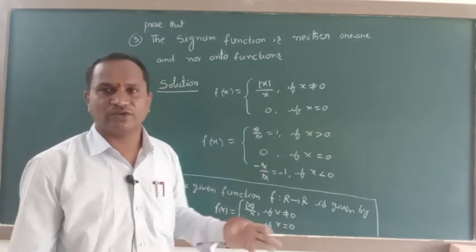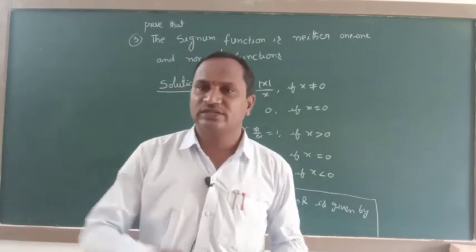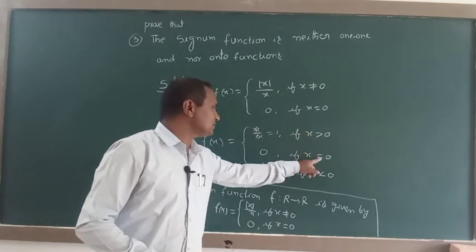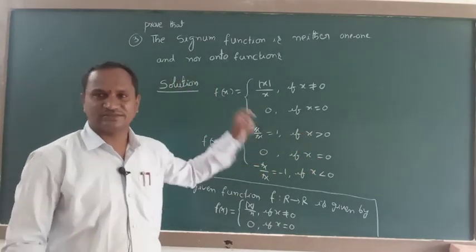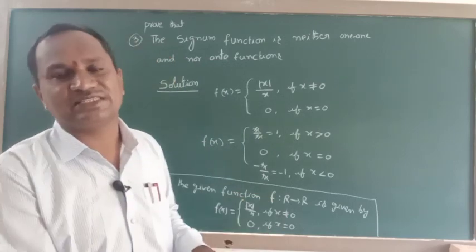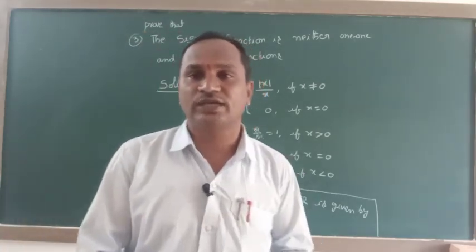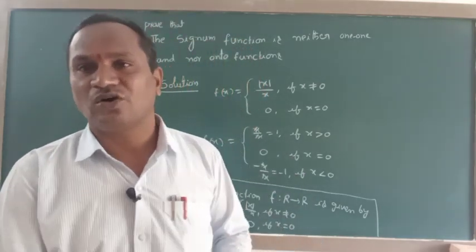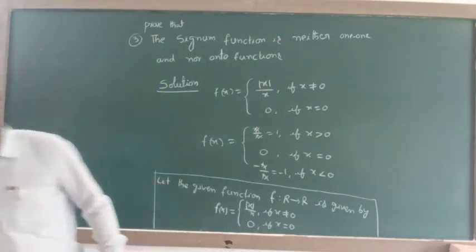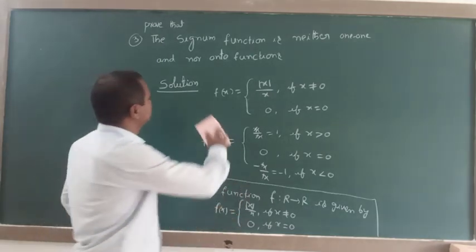In the definition we have that if x is equal to 0, then the function value is 0. That's why corresponding to x equal to 0 we define 0 here. This is the definition of the signum function, because with the help of this definition only we are going to show whether it is one-one or not, and whether it is onto or not. See here.